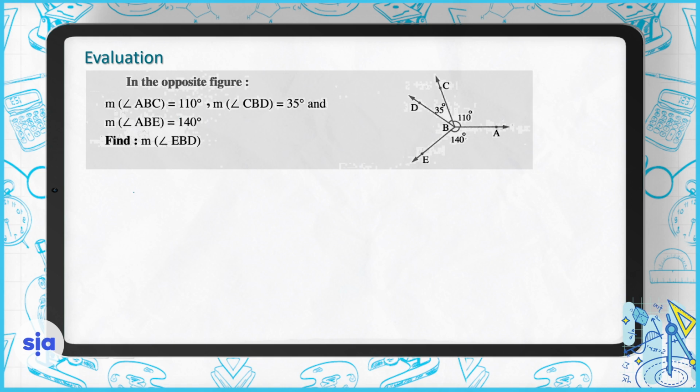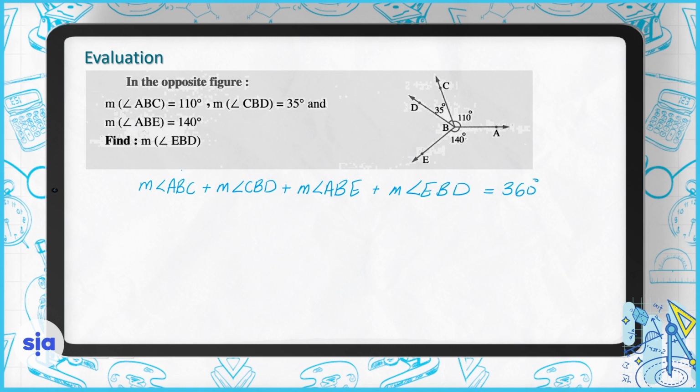So the measure of angle ABC plus the measure of angle CBD plus the measure of angle ABE plus the measure of angle EBD must all add up to 360 degrees.